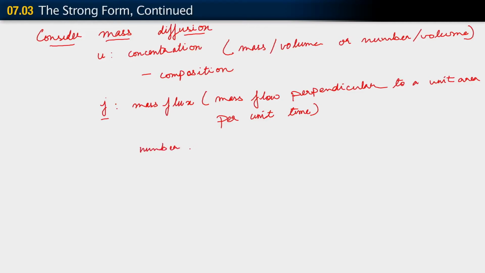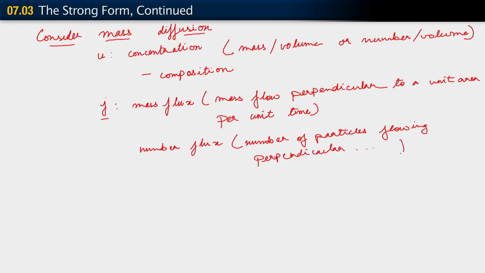We would be talking here of the number of particles flowing perpendicular to a unit area per unit time, and so on. You can complete that statement. All right, so that's what J would be.